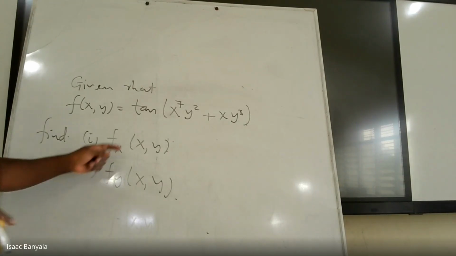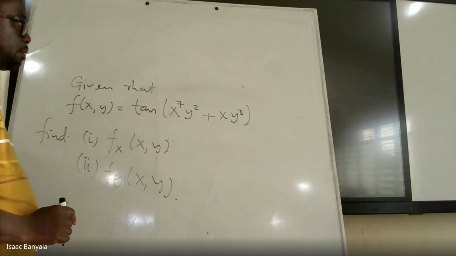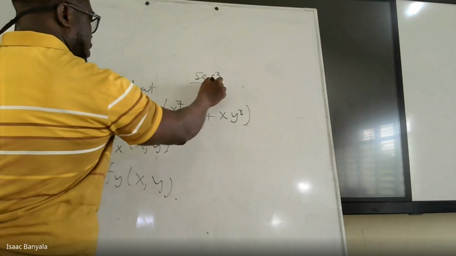We know that if you differentiate tan, what do you get? Sec squared. So keep that one.